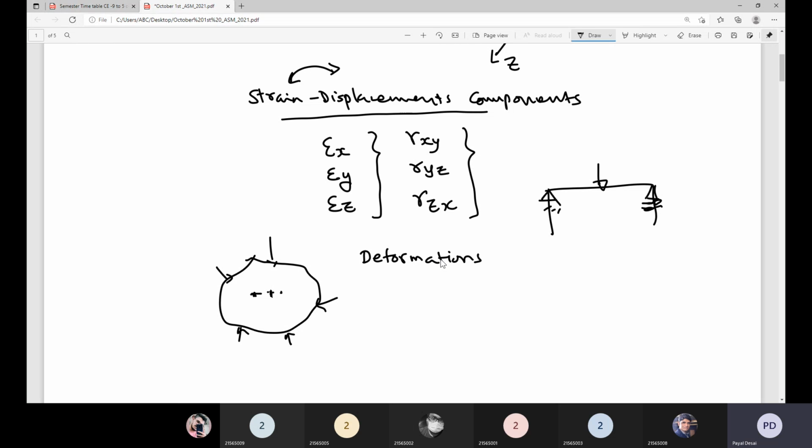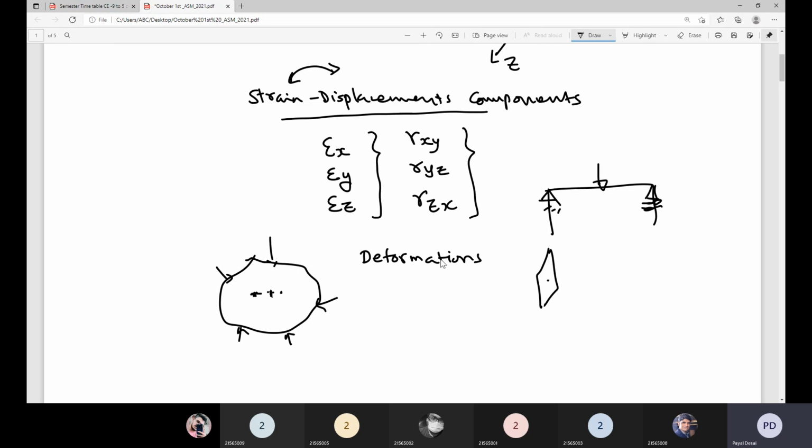Now within the cross section of the beam, there will be a displacement. If you pick any point within that cross section or the solid body, that point may not remain at the original position. It may displace to some other position, right?